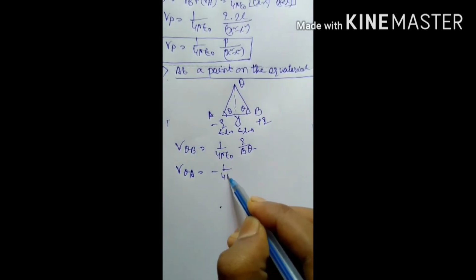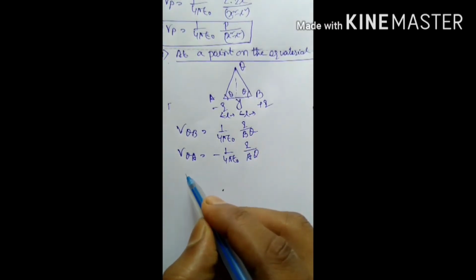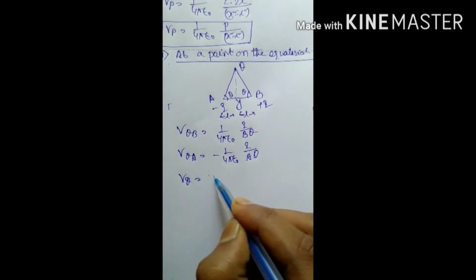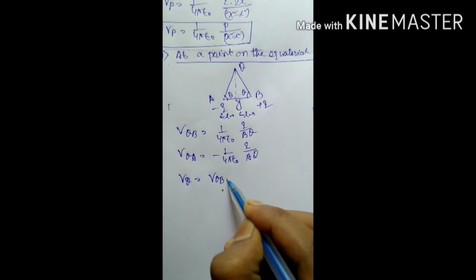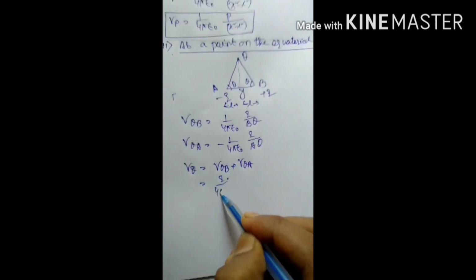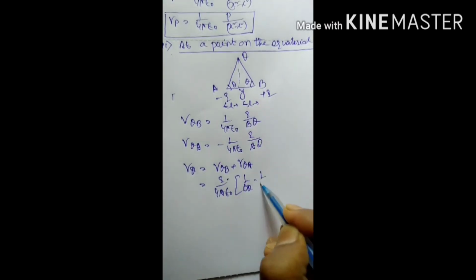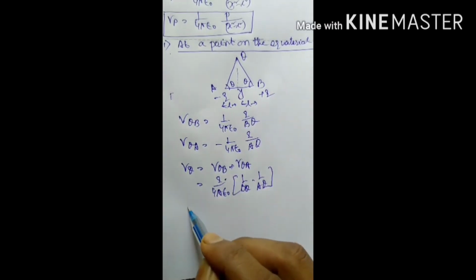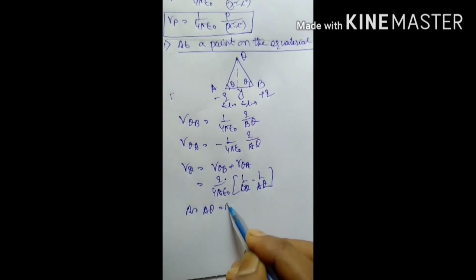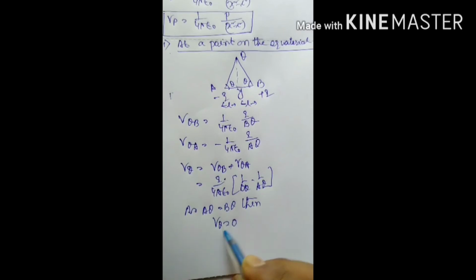Potential at point Q due to negative charge minus Q at point A, VQA, is equal to 1 by 4 pi epsilon naught minus Q by AQ. So total potential at point Q, VQ, is equal to Q by 4 pi epsilon naught into 1 by BQ minus 1 by AQ. As AQ is equal to BQ, we can say VQ is equal to 0.